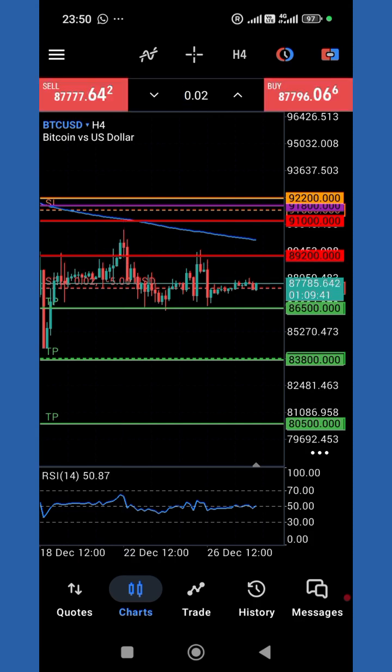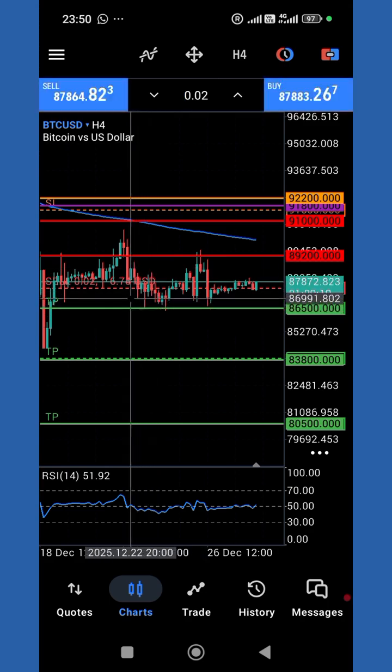Then, if that is my main entry zone, I put my stop loss at around 91,600. That is a little above my 200 EMA plus the structure of the market. And I set this to be around here, 91,600.